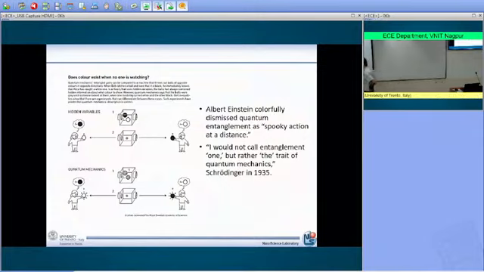Then the two photons are emitted by the source, and they maintain the fact that they are in a superposition of two states, red and blue. But the two photons are correlated, meaning that here we have a photon that is both red and blue, and here we have a photon that is both red and blue, but the states of the two photons are correlated.